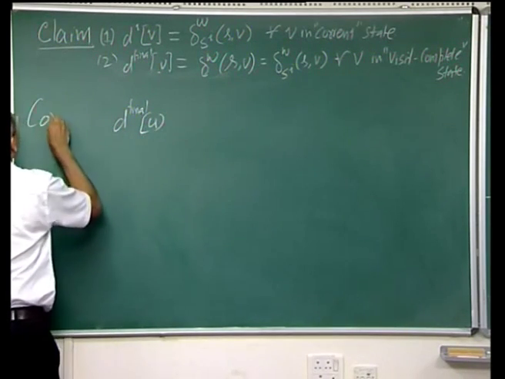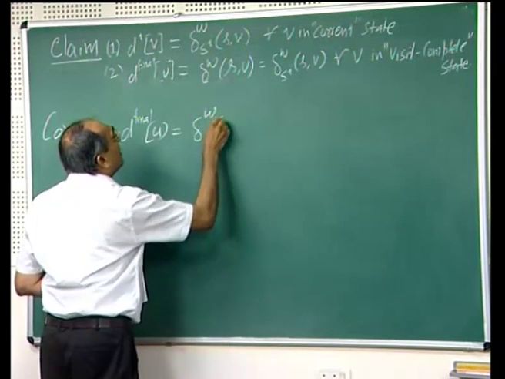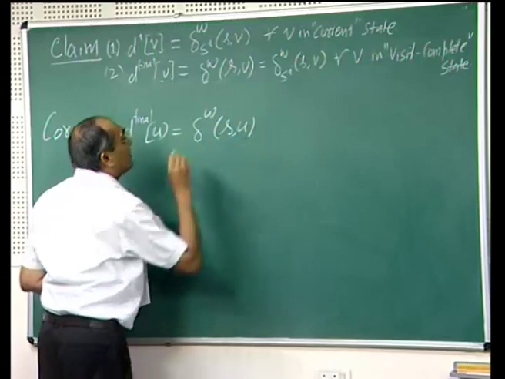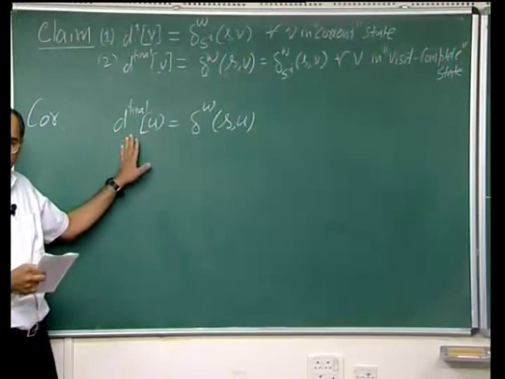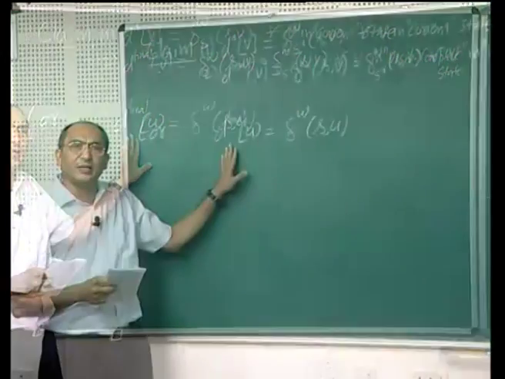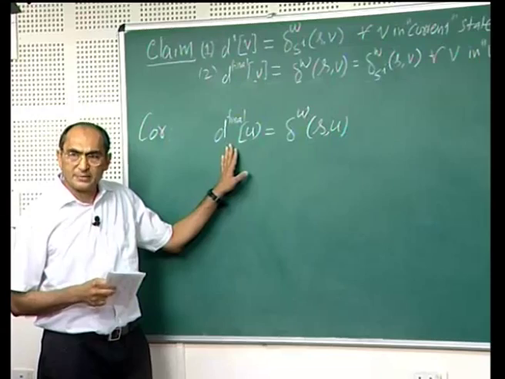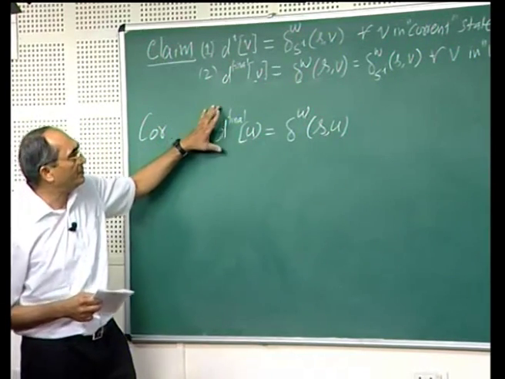This is a corollary: the d_final value of every vertex is its best value in the graph, because finally, when the algorithm is over, every vertex ends up in S, and that value is the d_final value. So, this is always true.